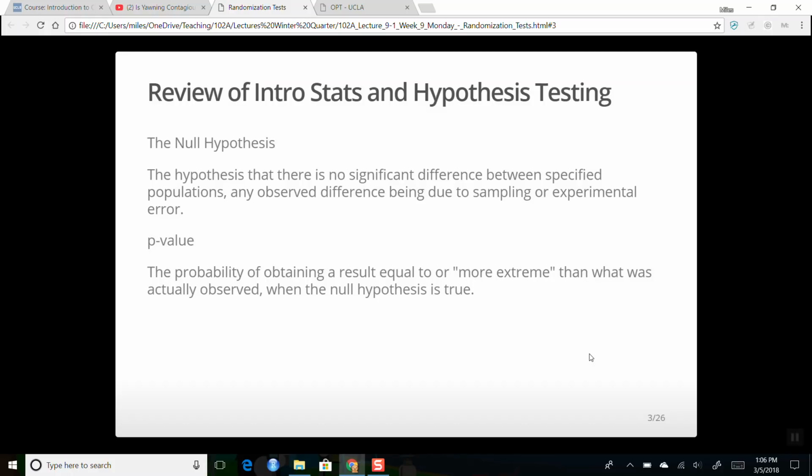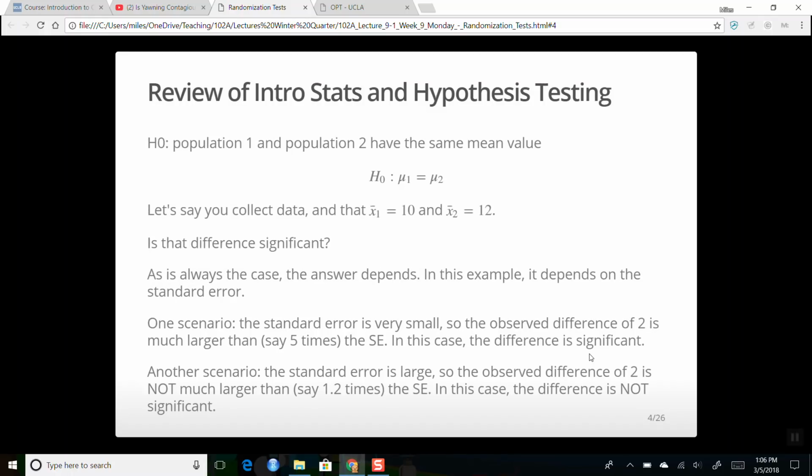So you summarize your sample with a sample statistic or a test statistic, and you want to know what is the probability that a random sample would produce this, okay? And that probability is the p-value. It's the probability of obtaining a result equal to or more extreme than what was actually observed when the null hypothesis is true. Okay, so just a quick review.